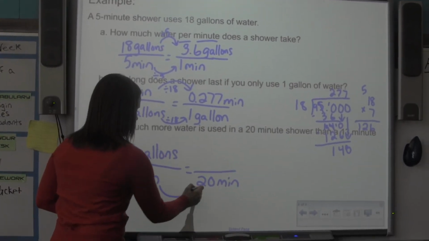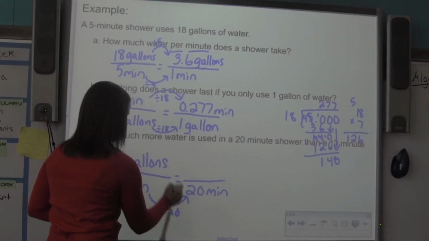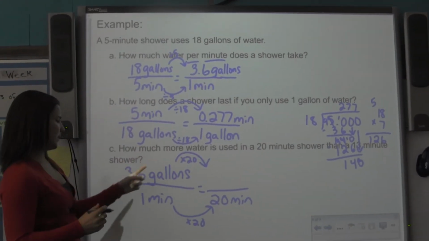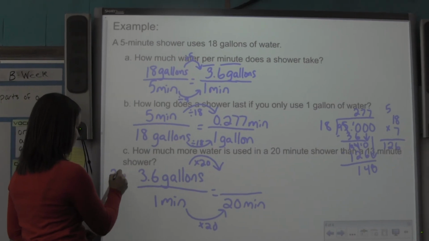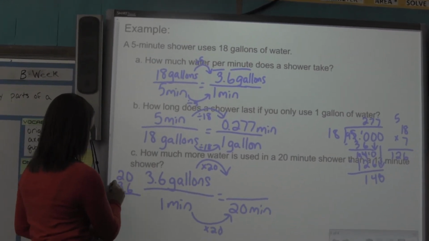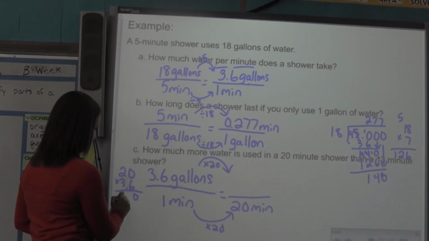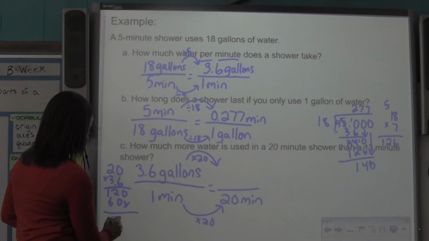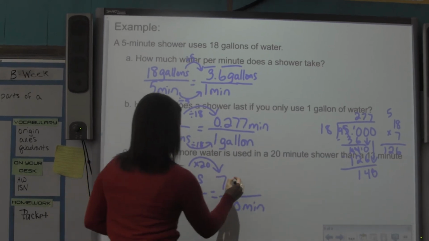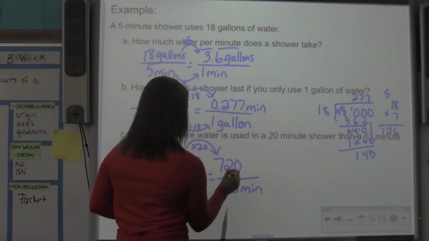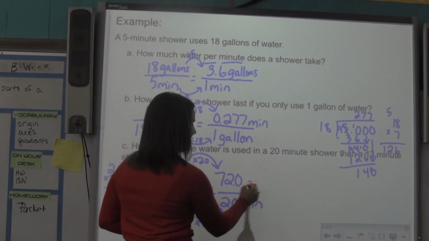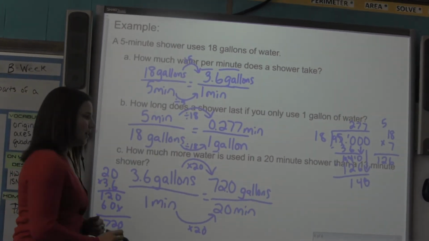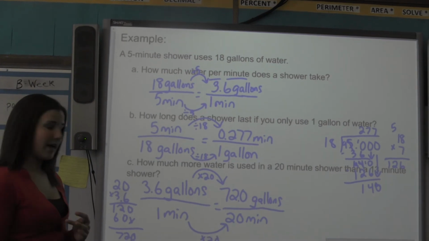So here I am multiplying by 20, so I'm going to multiply by 20 up here. 20 times 3.6 is 720 with my decimal in there, so 72 gallons. 72 gallons for a 20-minute shower.